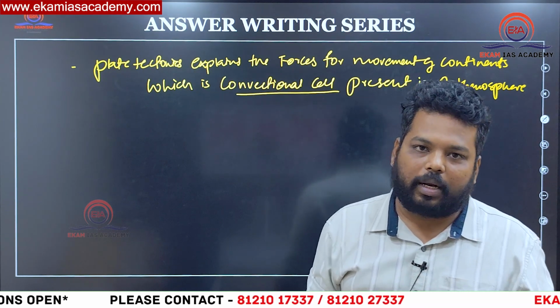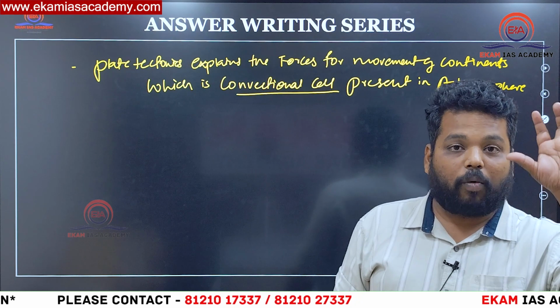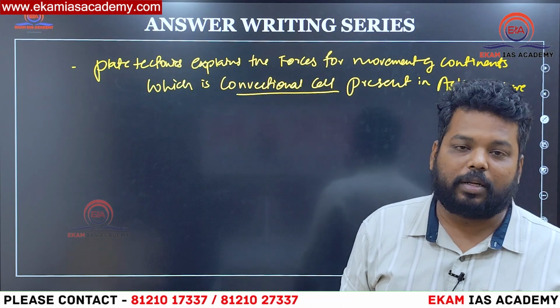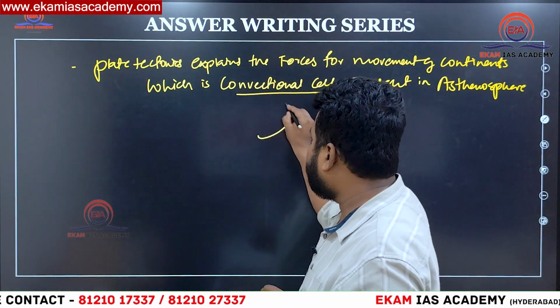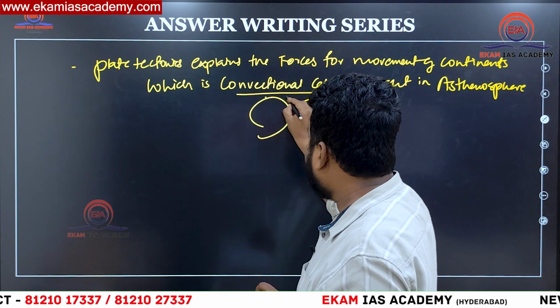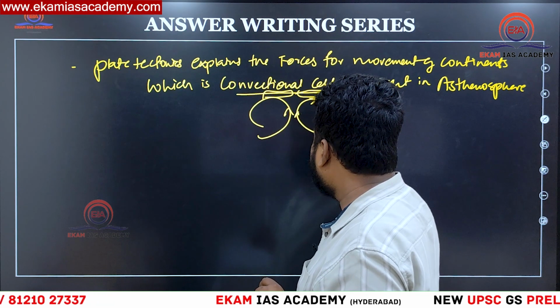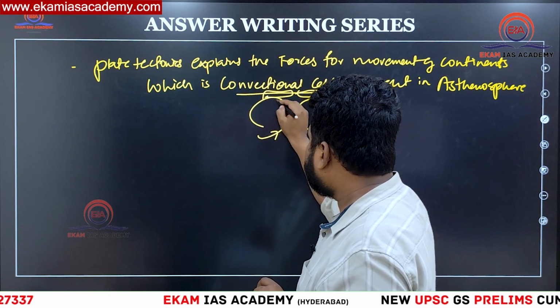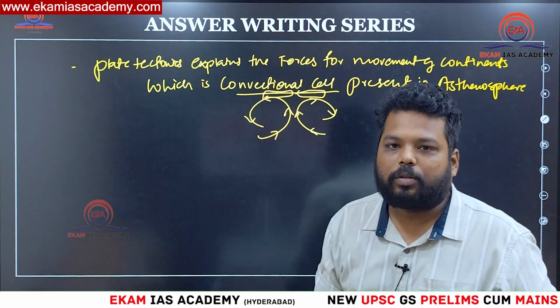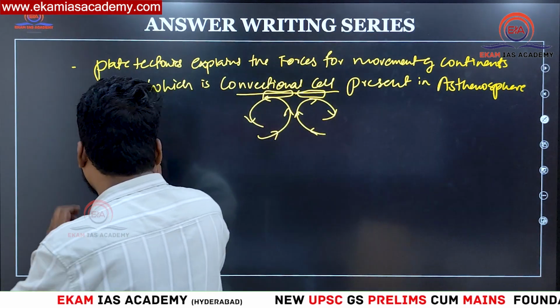This convectional cell is the reason why the plates floating on the asthenosphere are moving. As the convectional cell moves, the plates floating on it tend to move. Clear?